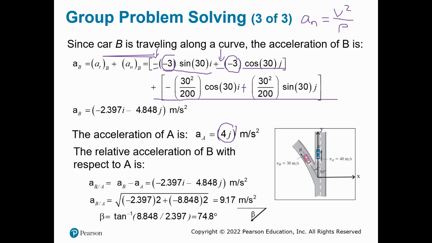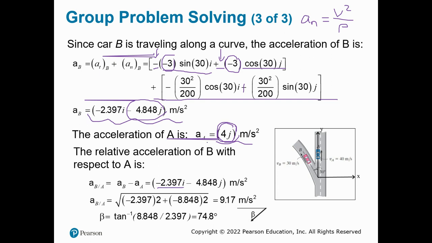Now putting them together, the acceleration of B with respect to A is AB minus AA. We are combining the accelerations. B has an i component, so that's the i component.